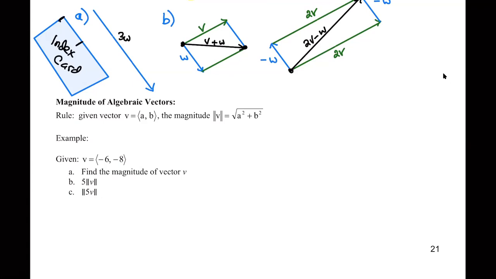So if I want to find the magnitude of vector v, the first thing I would do is draw a quick sketch, assuming I was doing it by hand, like an old geometric technique going back to 9th grade. The vector is -6, -8. So roughly about right here.